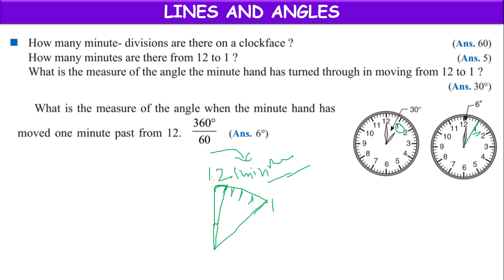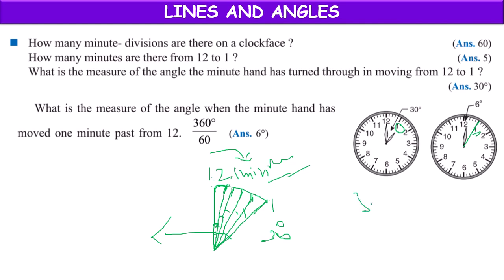Between these two minute hand positions, what is the measure of the angle formed? Actually, these 5 minutes together are equal to 30 degrees, because from 12 to 1 the angle is 30 degrees. In the 30 degrees, we have 5 minutes, meaning 5 parts, 5 arcs.